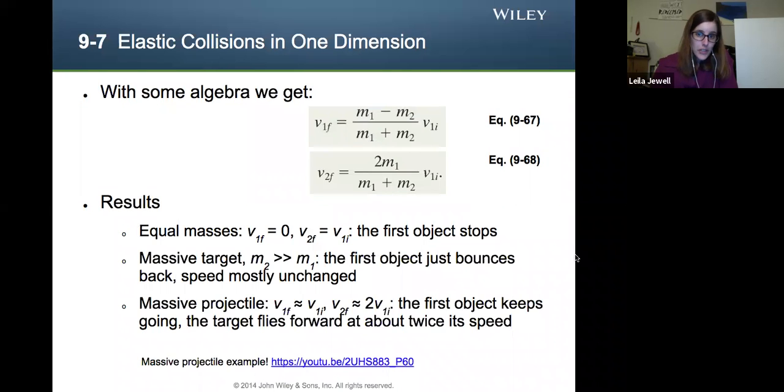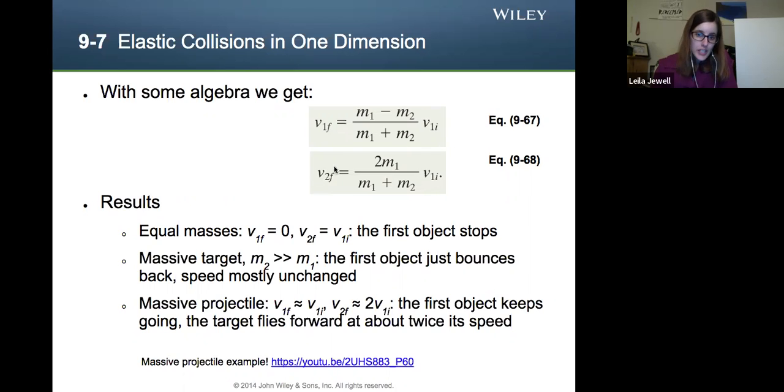Now with some algebra, which is a little bit painful, I don't recommend doing it. I recommend taking their word for it. For this particular scenario of having a stationary target, you can show that the final velocity of one object is equal to the difference in masses divided by the total mass times the initial velocity of that same object.